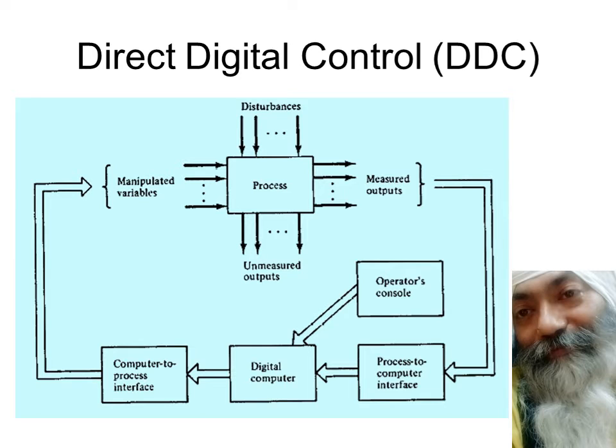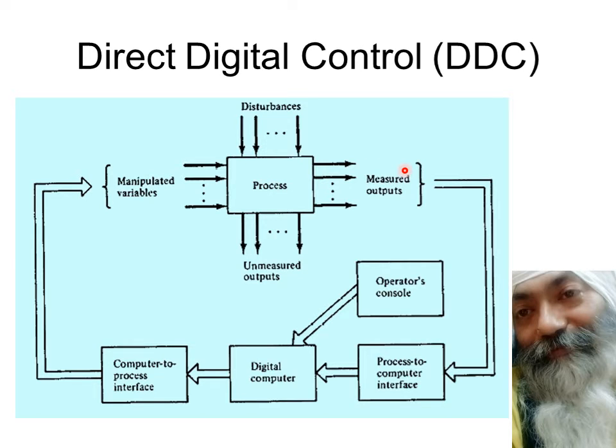Coming back to the first mode that we discussed, direct digital control or DDC. What happens in DDC is that you have, as usual, a process. The process has inputs, which can be manipulated inputs or disturbances. It has outputs, which can be measured outputs or unmeasured outputs.